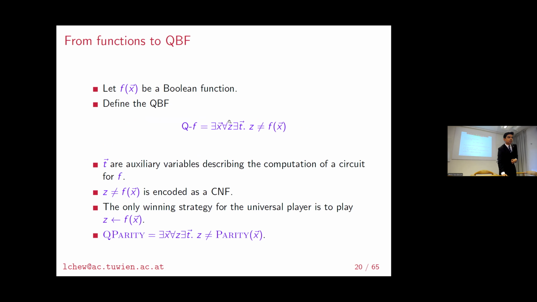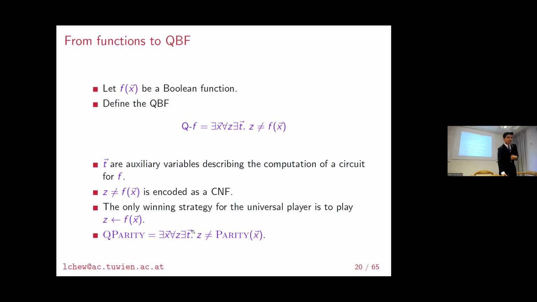We encode this particular QBF that is stating that some universal variable does not equal this Boolean function. These extra variables T are going to just help describe the computation of the circuit in CNF. And this QBF is false, but it has only one strategy for the universal player, and that is to play Z to equal this Boolean function.